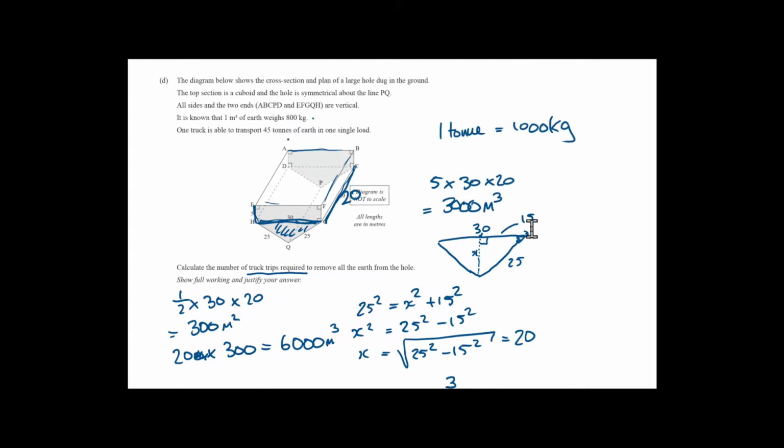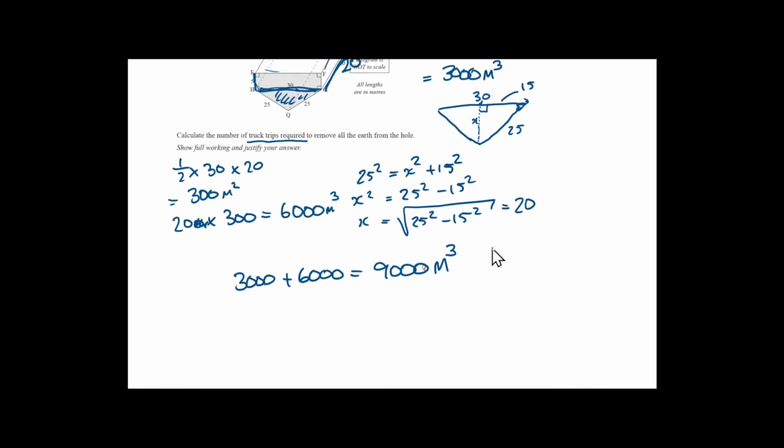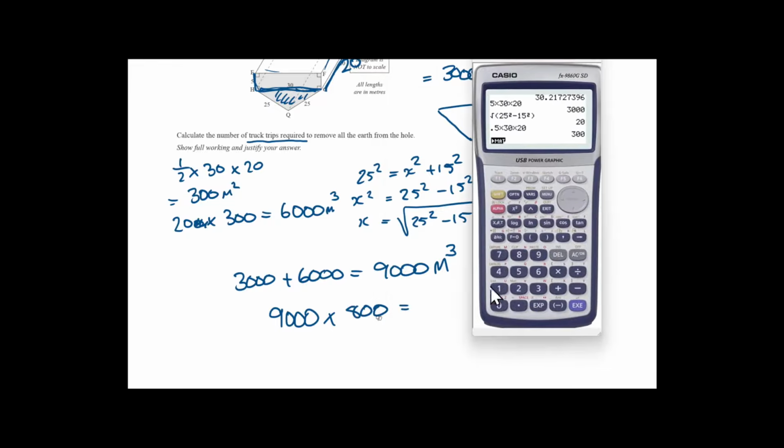Okay, now each cubic meter is 800 kilograms. So the mass of this is going to be 9,000 times 800, which is going to be some huge number. It's going to be 72, and then 5 zeros.